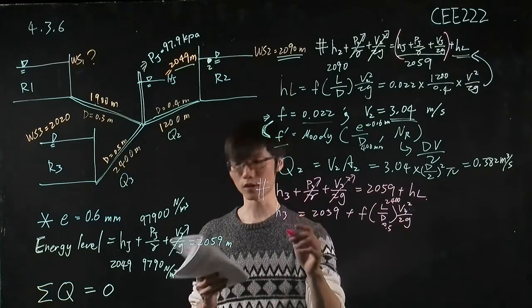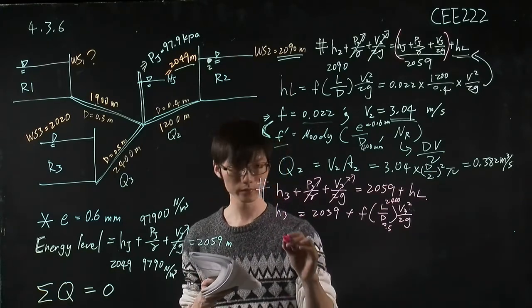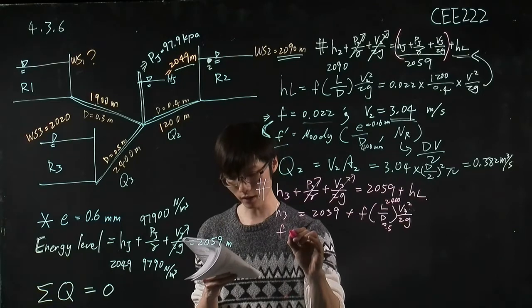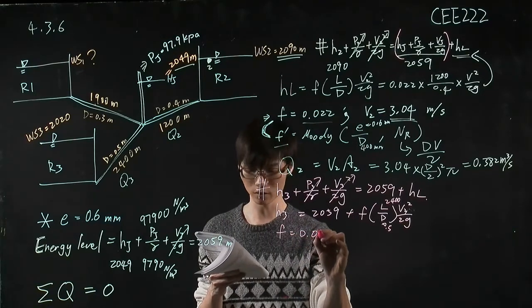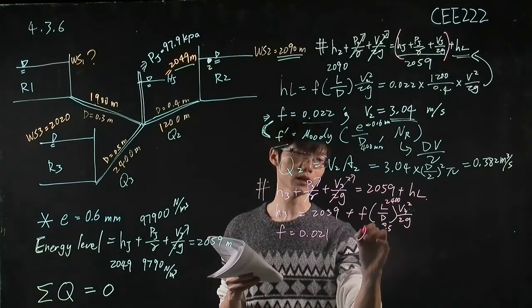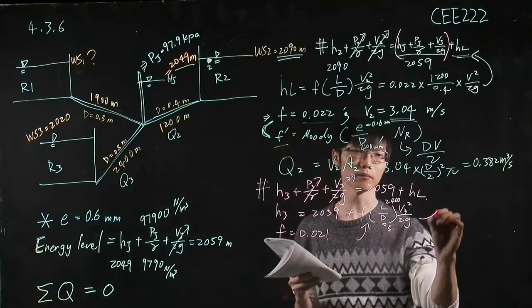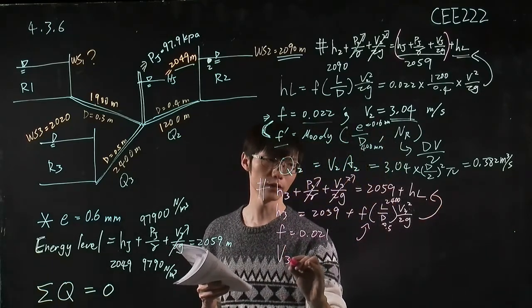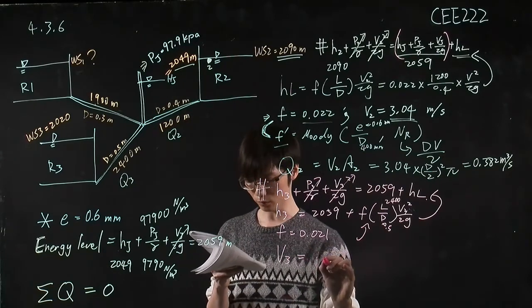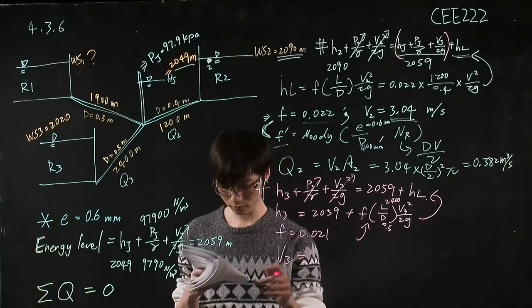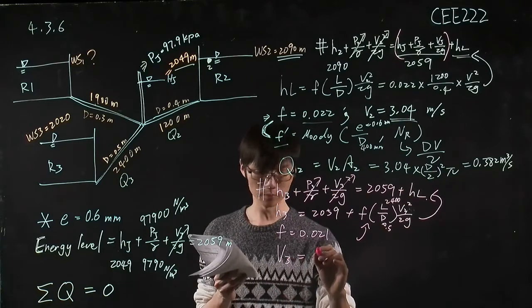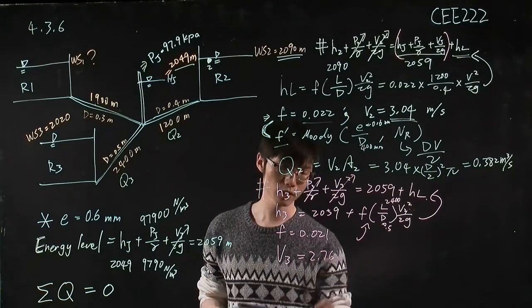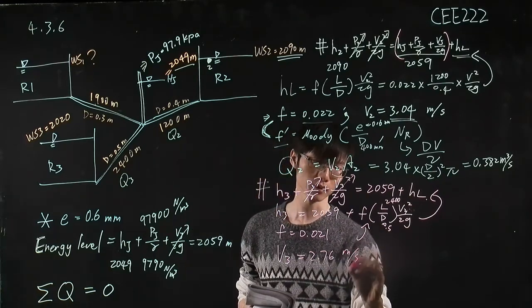And similarly, we can assume that factor f is equal to 0.021. Plug it back into this energy balance equation, then we can solve V3 equal to 2.76 meters per second.